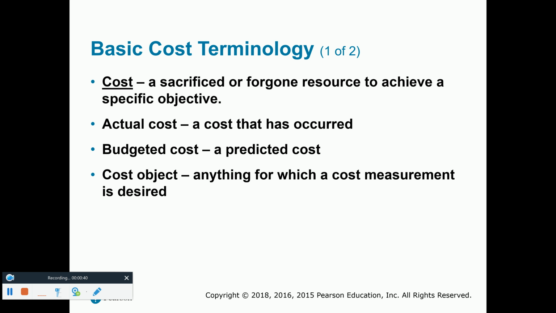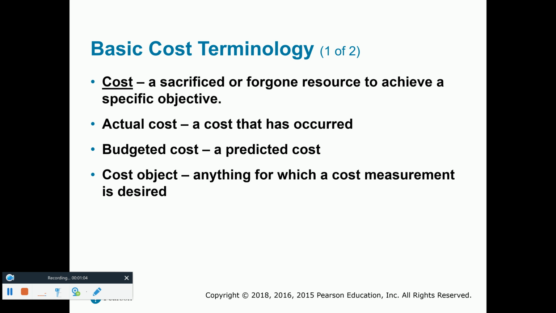Well, cost could be an actual expenditure where we're spending money on something, but it could also be a sacrifice. So some of you may have heard some of these terms, opportunity costs. This term opportunity cost doesn't mean that cash was actually laid out for an expenditure.